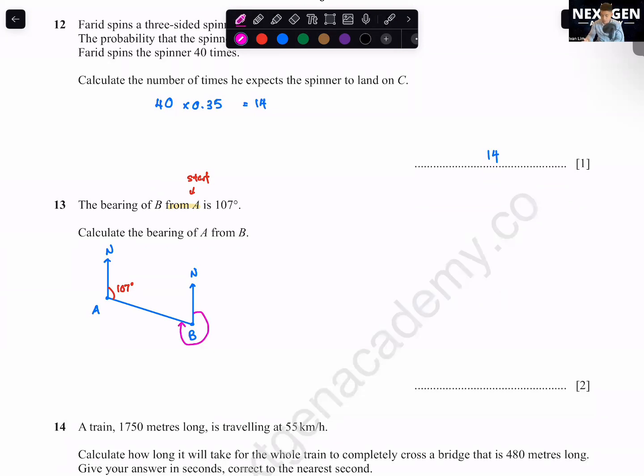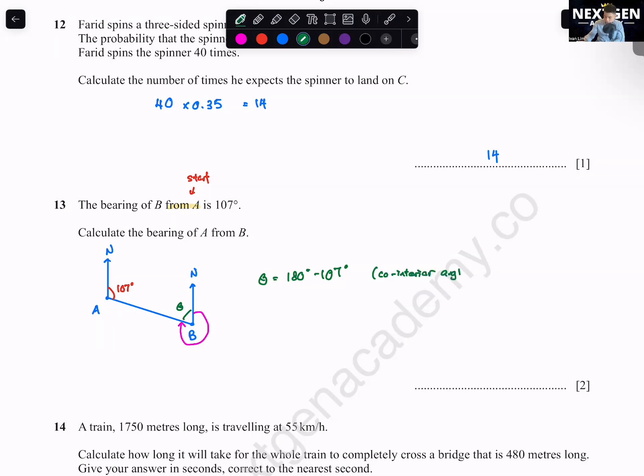Got it? Okay, so what can I do to find the angle? Can I do this? Find this angle here, then take 360 minus the angle. Okay, I want to find this little angle here first. Let's call this theta. This theta value will be 180 degrees minus 107 degrees. Why? Because both of these are parallel and we can use co-interior angles.